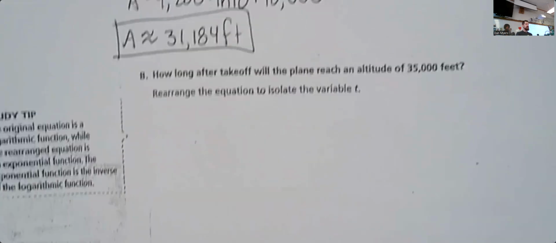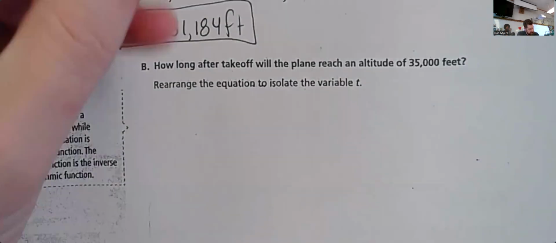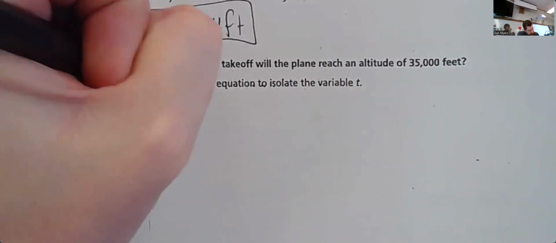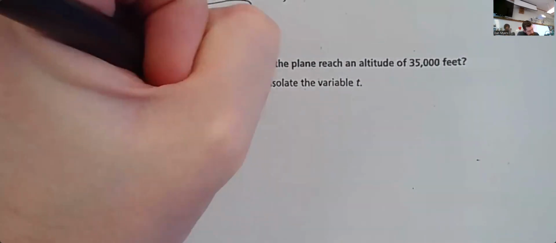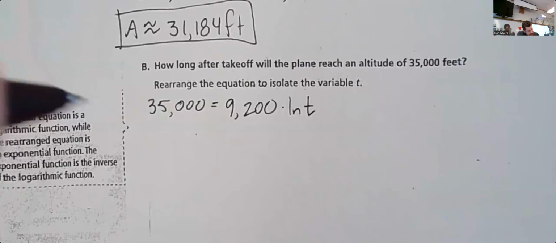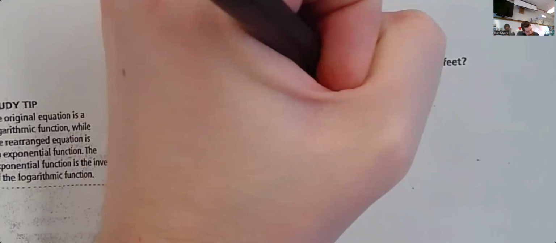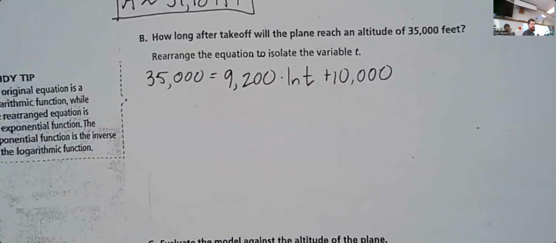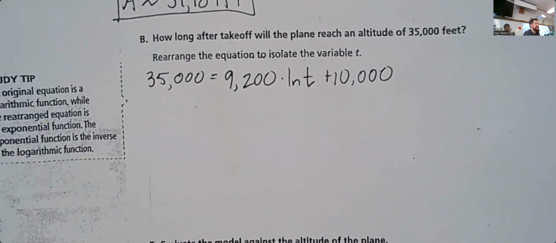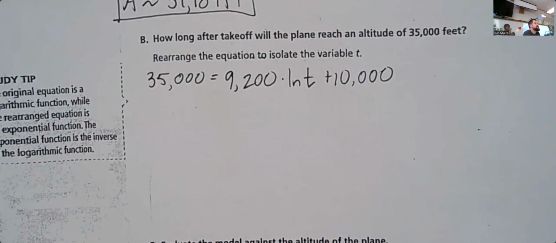So how should we write our equation first? There you go. Yep. LNT, yep. Yeah. Good. So what we're trying to do here is solve for T. Now, in order for us to solve for T, I just want to be really specific about this.